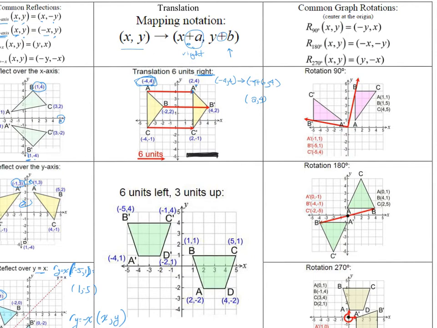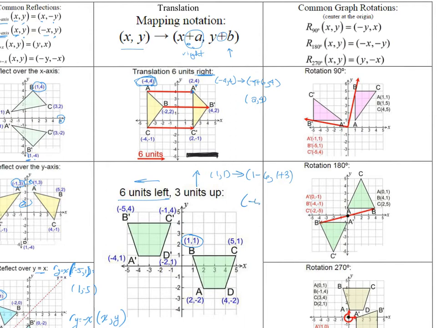And then we have an example here where you have 6 units to the left and 3 units upwards. So if we just look at a simple example here, (1, 1). 6 units to the left: we have 1 minus 6, and then 3 units up, 1 plus 3.